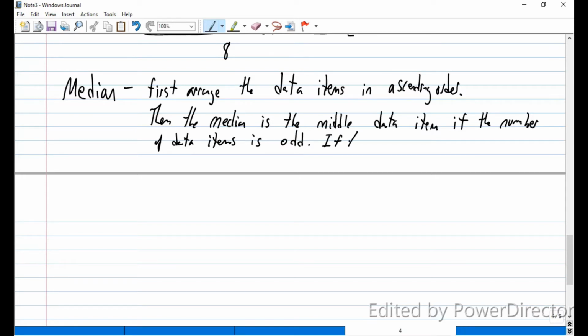If the number of data items is even, take the mean of the 2 middle items, or middle data items.